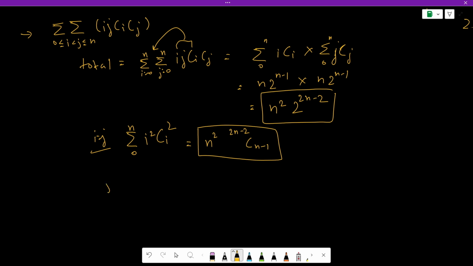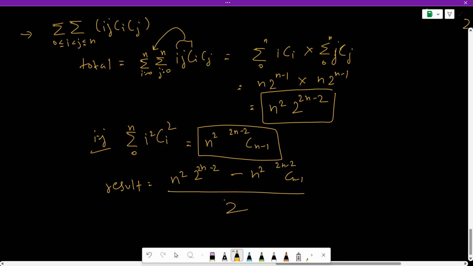So the result is equal to total minus diagonal by 2, which will be n square into 2 raised to the power 2n minus 2 minus n square 2n minus 2 cn minus 1 divided by 2. So this is the final answer.